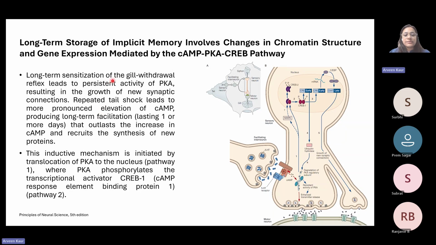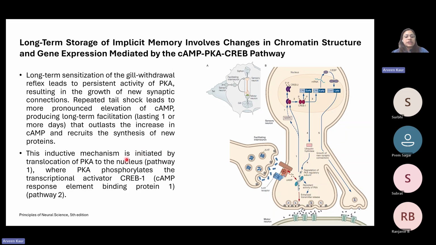Long-term sensitization of the gill withdrawal reflex leads to persistent activity of PKA, resulting in growth of new synaptic connections. Repeated tail shock leads to more pronounced elevation of cAMP or cyclic AMP, producing long-term facilitation that outlasts the increase in the cAMP and recruits the synthesis of new proteins.